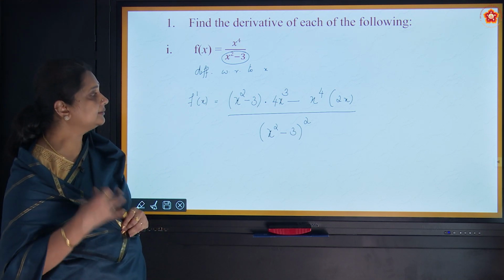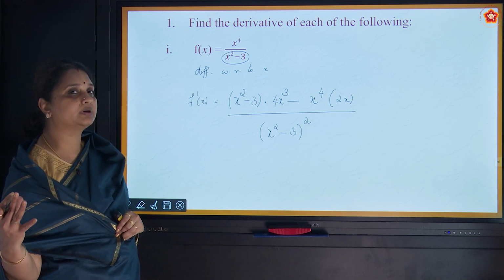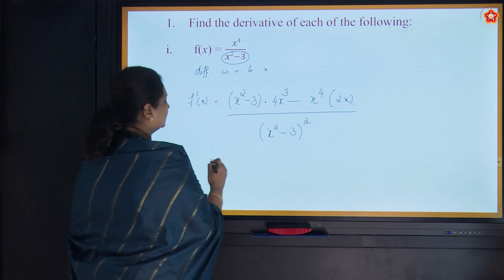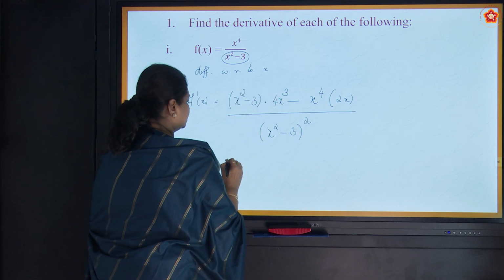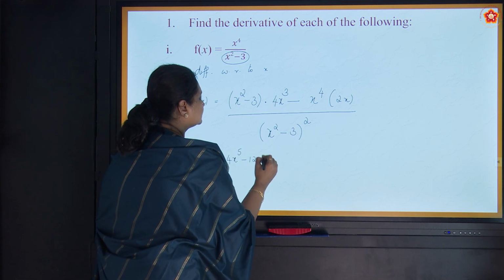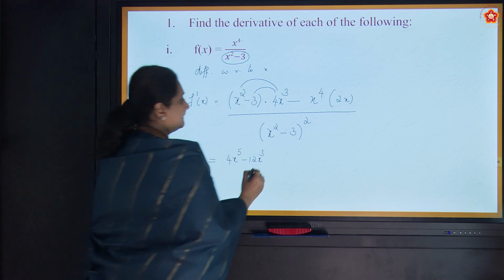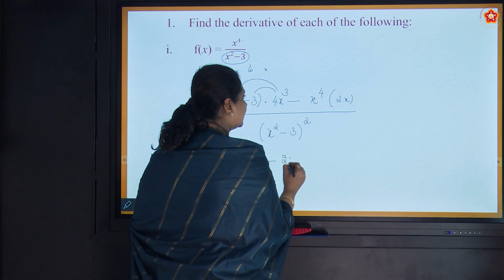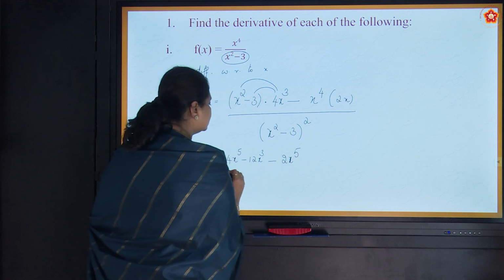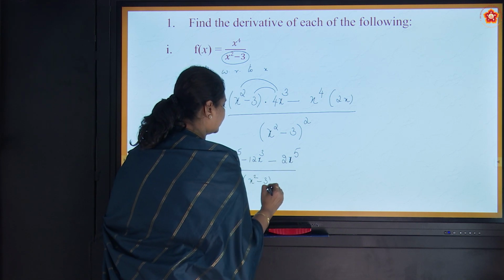I need to rewrite the given expression in a proper format and give a proper answer. So how do I do that? I can simplify this. It's 4x power 5 minus 12x cube, I multiply the monomial with the binomial, minus 2x power 5, divided by x square minus 3 the whole square.